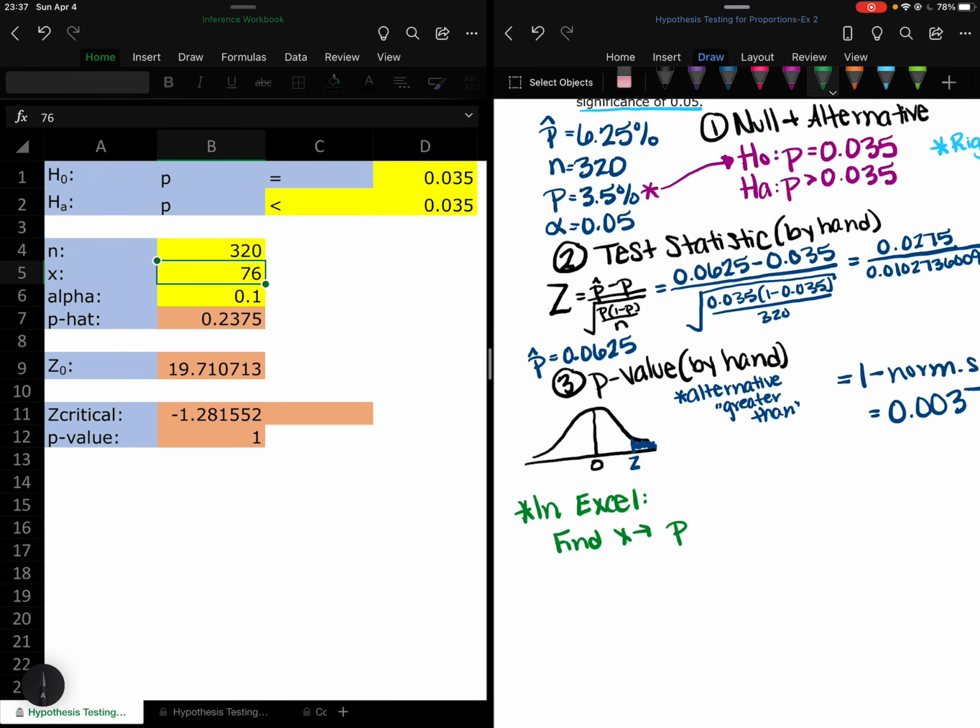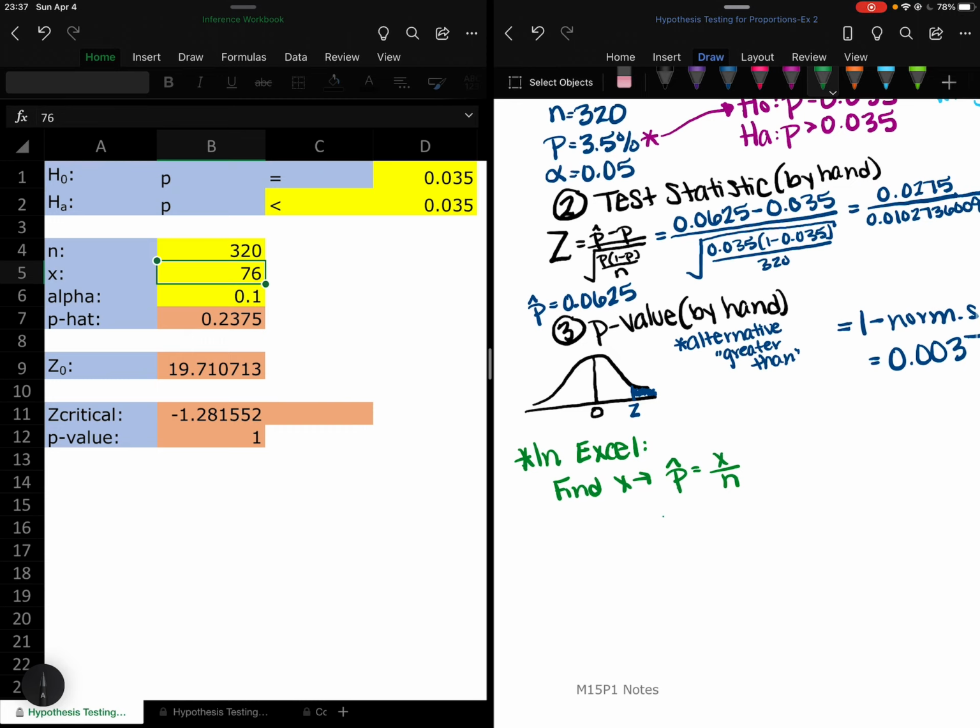So to find X, remember p hat is X over N. So p hat is 0.0625, and that's X over 320.